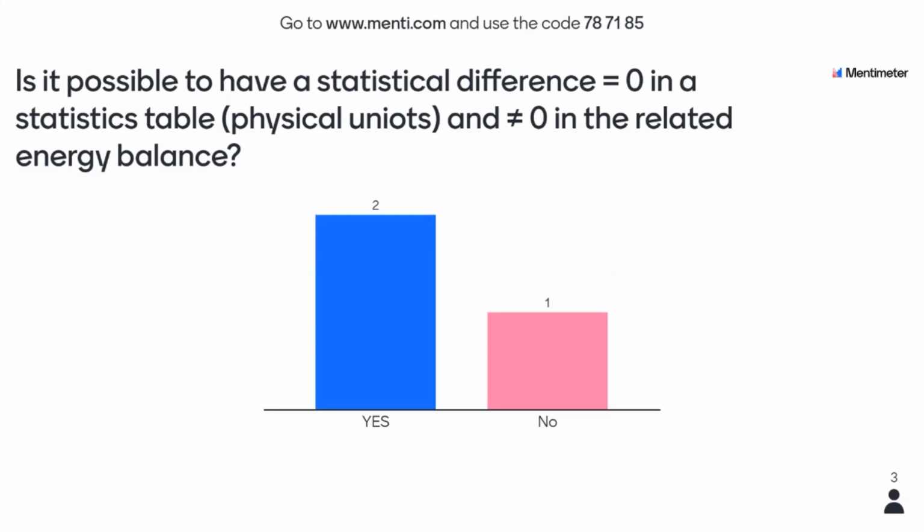So if you remember well, we use the calorific values. That is exactly the energy content of a specific fuel per unit of physical quantity. So it can be, for example, kilojoule per ton.